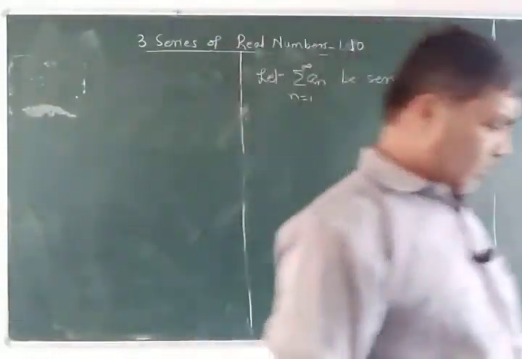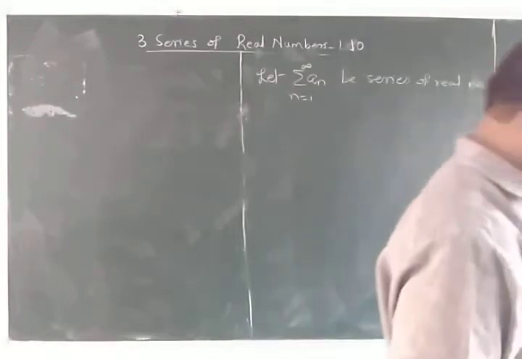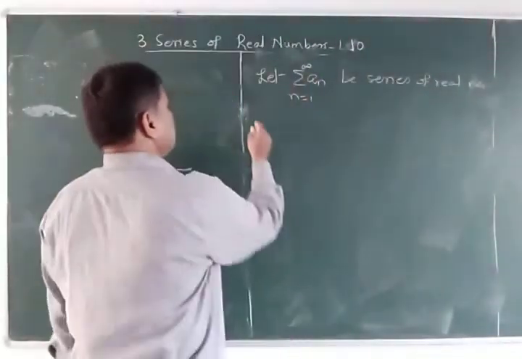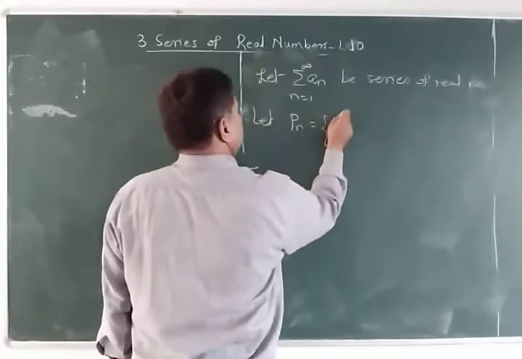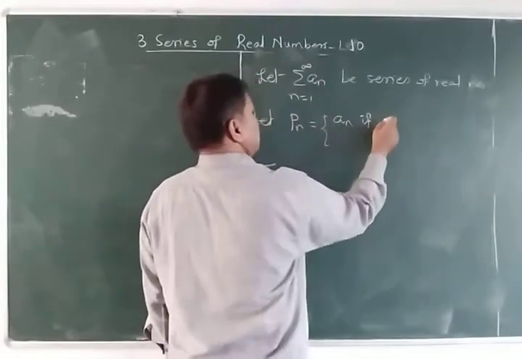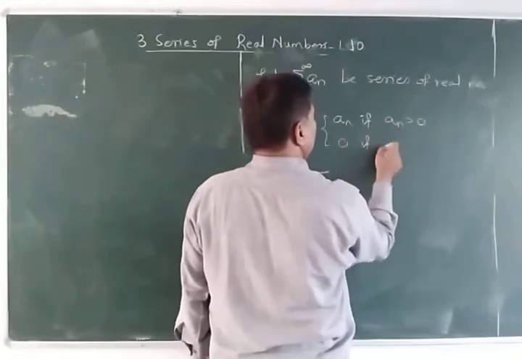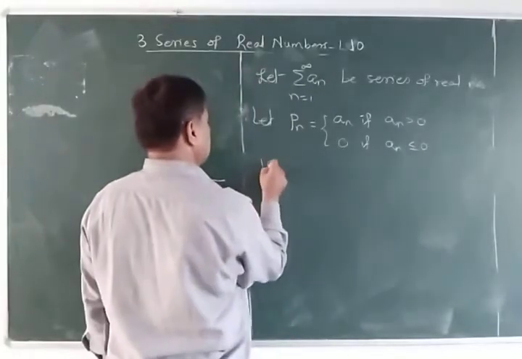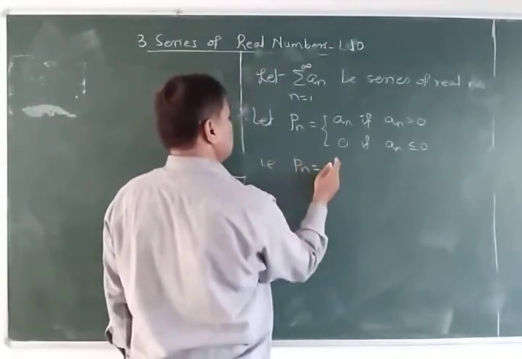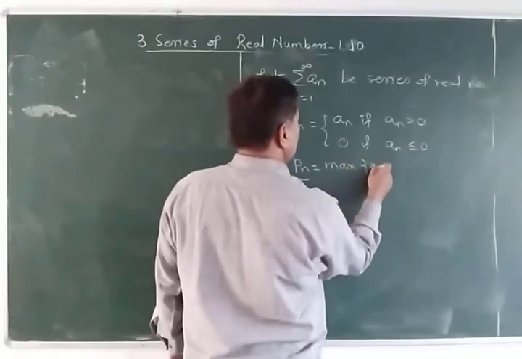Define P_n to be a_n if a_n is greater than 0, and 0 if a_n is less than or equal to 0. That is, P_n is equal to maximum of a_n, 0.